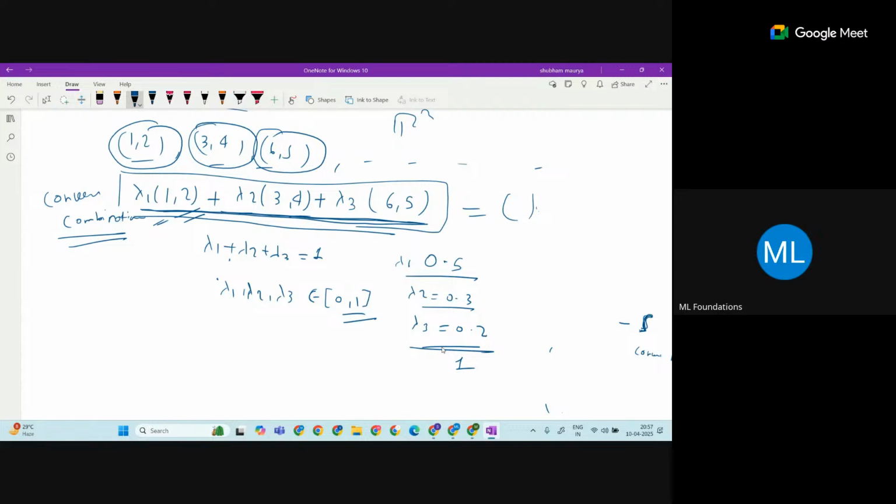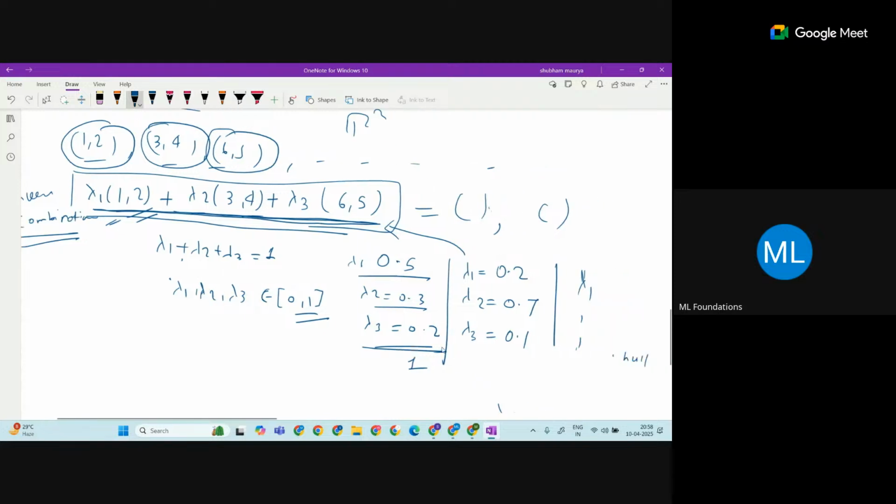Now let's say I choose another: lambda 1 is 0.2, lambda 2 is 0.7, and lambda 3 is 0.1. Again I substitute here and I get another point. Similarly, I keep changing the lambda 1, lambda 2 values and I get a set of points.